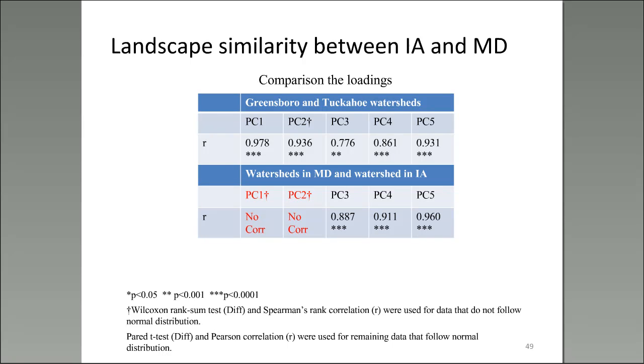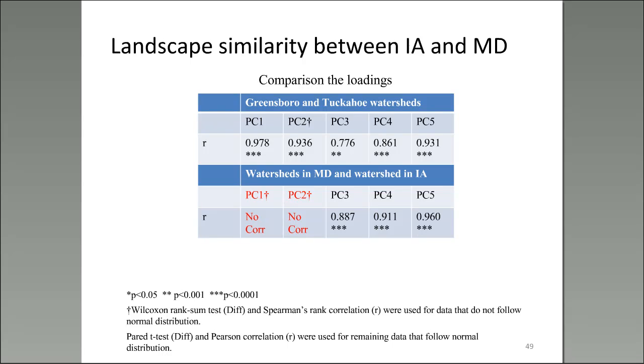So this just shows the correlation between the loadings in the different principal components. You see in Greensboro and Tuckahoe watersheds, all principal components were highly correlated and statistically significantly the same.